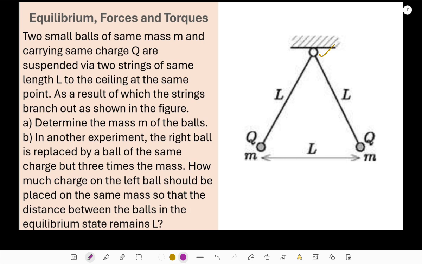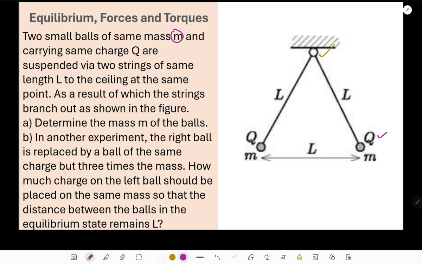That means mass is not given. It is only written for reference, so we will try to find out the masses of the balls. In another experiment, the right hand ball is replaced by a ball of the same charge but 3 times the mass. Its charge is retained but the mass changes to 3 times.